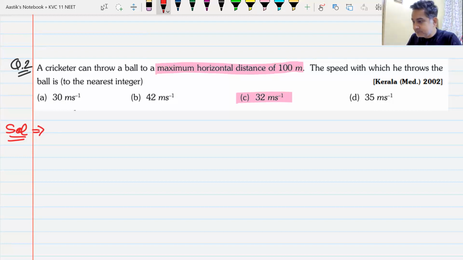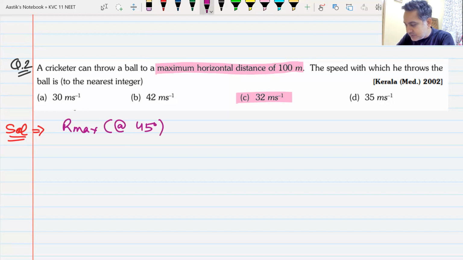Maximum range is equal to u square by g, sir. Yes. Maximum range occurs at 45 degrees, and I think I have given you the formula straight away. It is u square by g. Yes or no? That's it. So this is given as 100 meters.